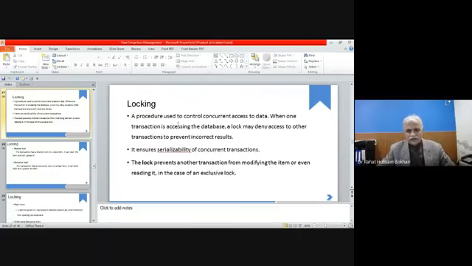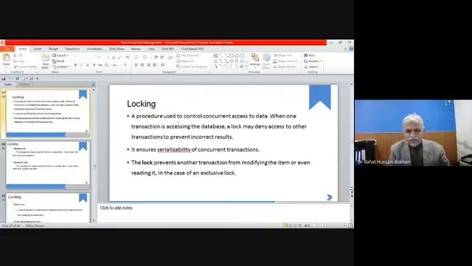When it is locked, it denies access to the transactions attempting to access that data. It ensures serializability of concurrent transactions, because when a transaction is in process there is no interference from other transactions until it is committed.